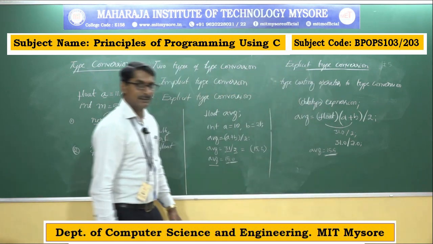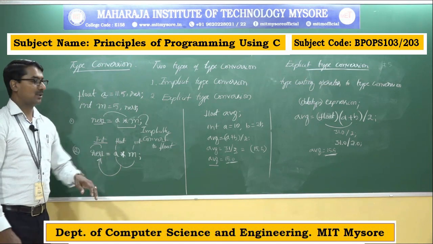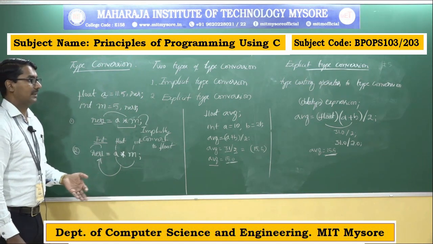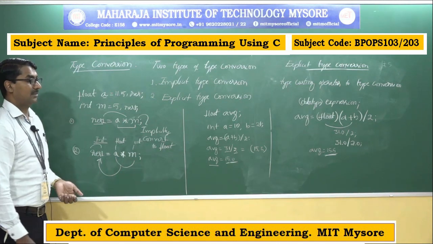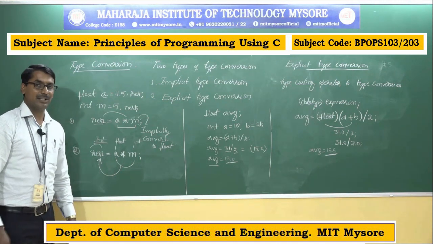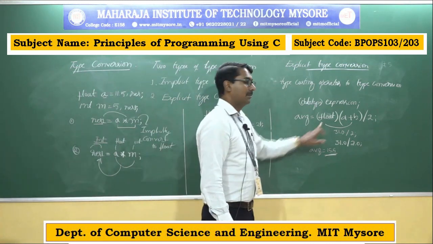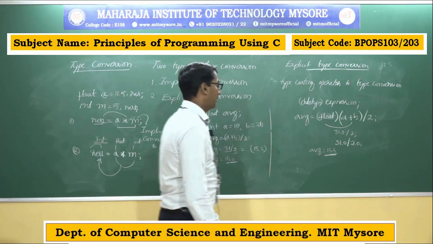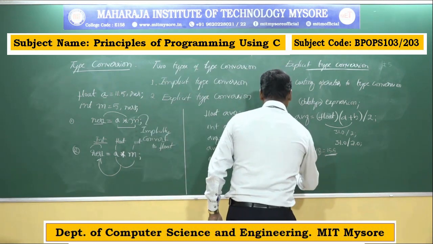Okay, this is the explicit conversion. In explicit conversion, the programmer himself converts the data from one data type to another by specifying the type conversion operator. The type conversion operator must be present within the brackets. Okay, we consider one more example.